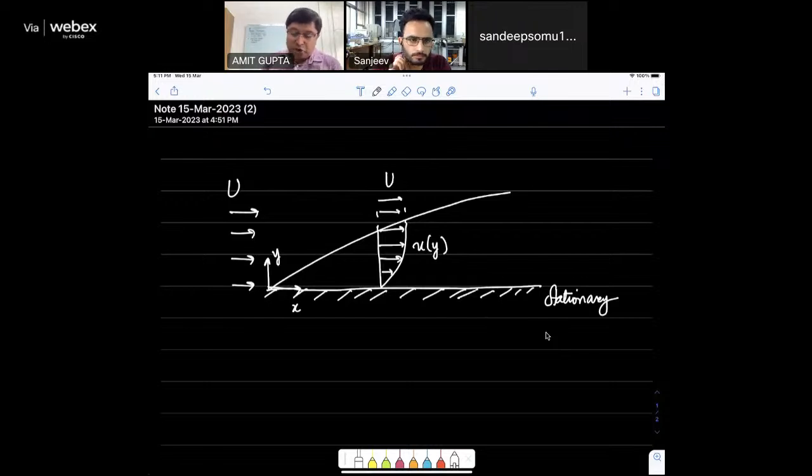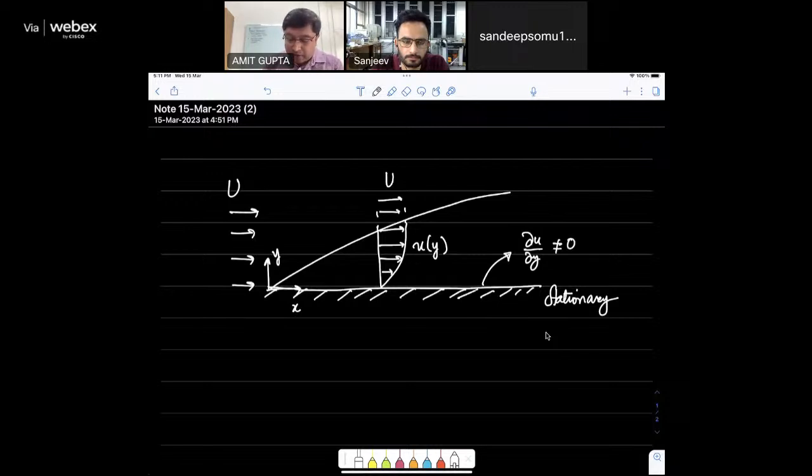So what I was saying about shear is that now, because the flow goes over the solid, you have a velocity gradient at the surface. So at this point, du/dy is not zero. There's a shear that is created.